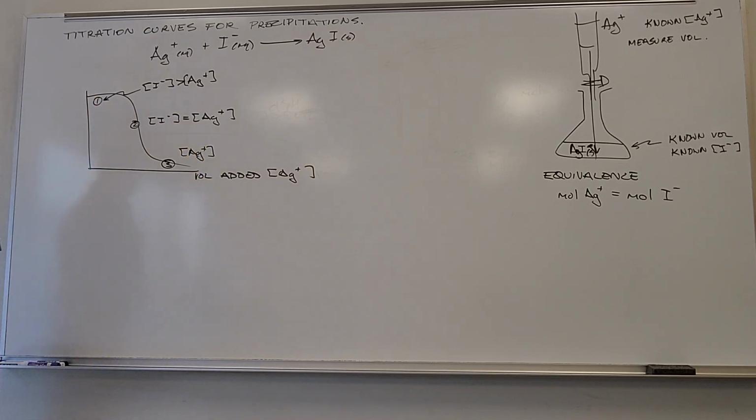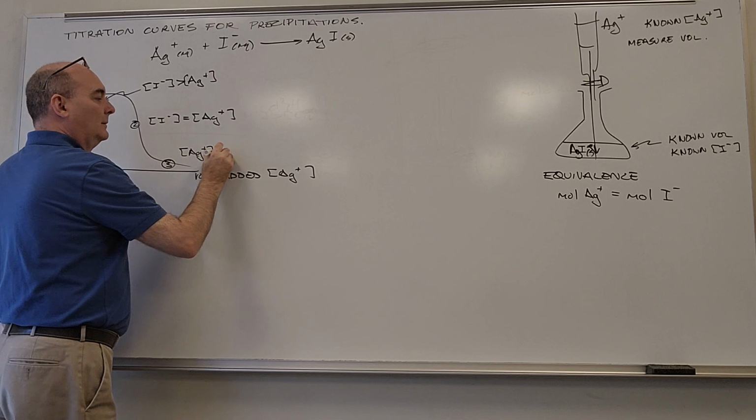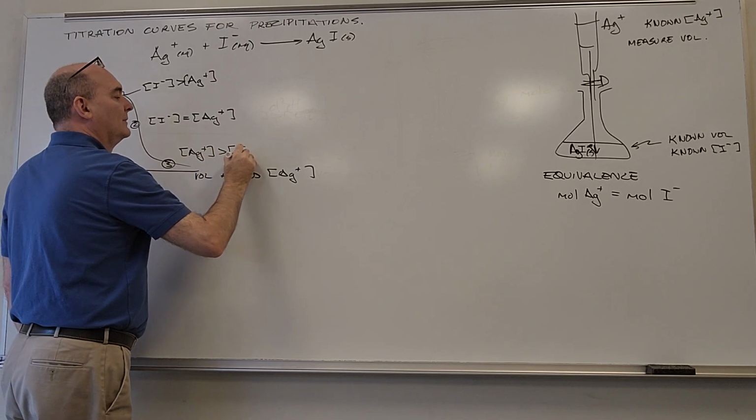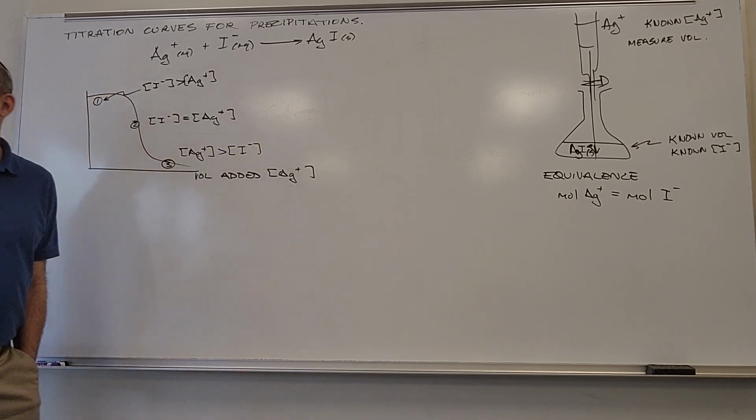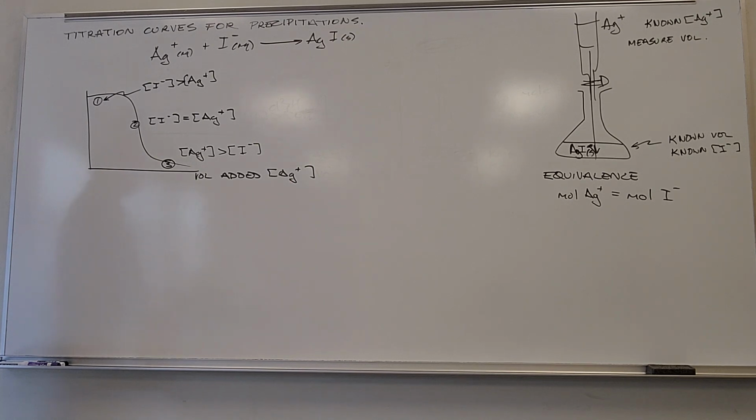And everything that could precipitate has precipitated. And now you're just adding more and more silver, and there's no iodide left to precipitate with it. So I've done the switch.